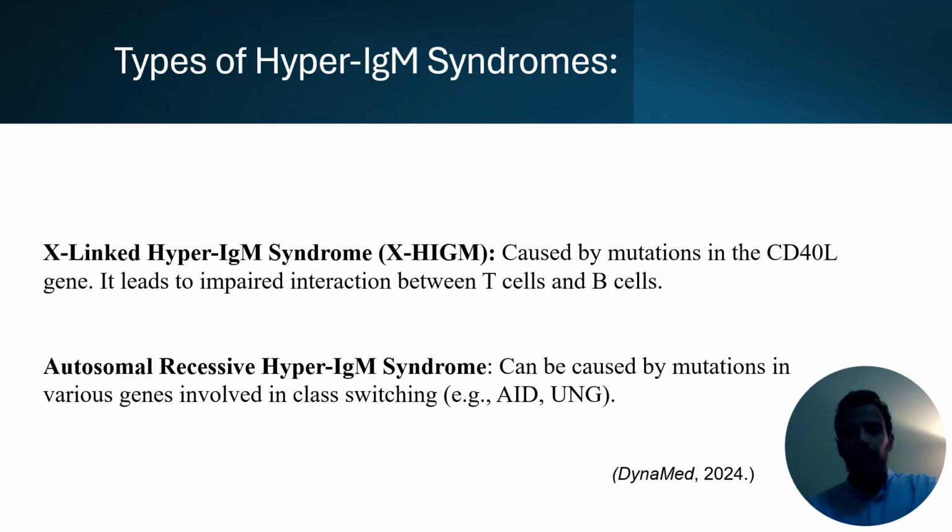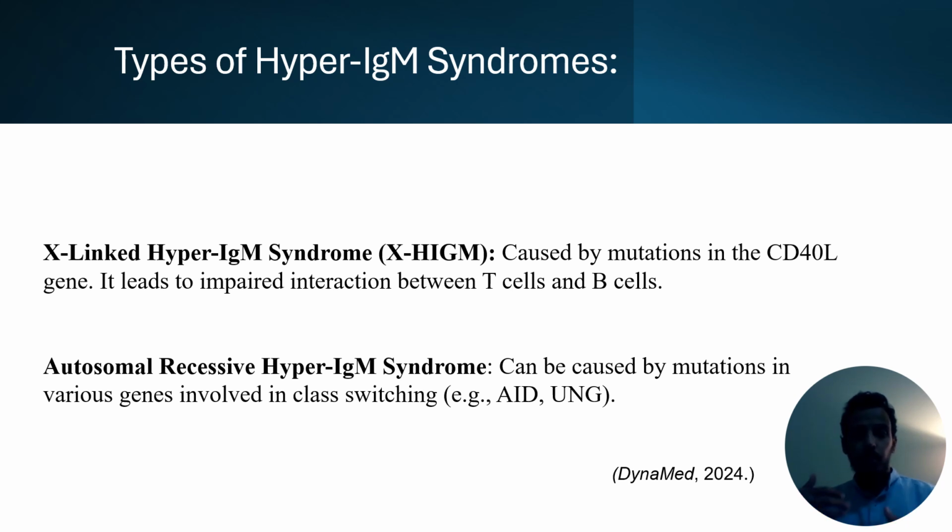Now let's look at the different types of hyper-IgM syndrome, focusing on the genetic mutations that define each subtype. The first group is called X-linked hyper-IgM syndrome, caused by mutation in the CD40 ligand gene.